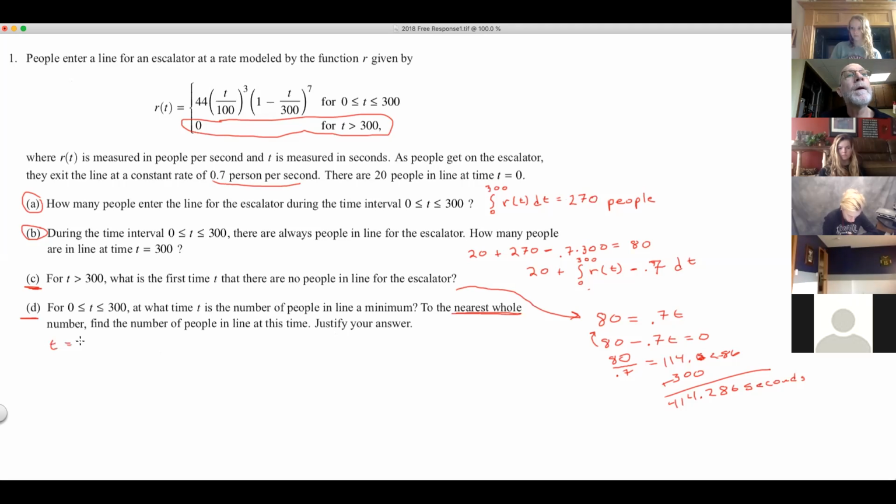At t equals 0, how many people do I have? 20. And at t equals 300, how many people do I have? It is 80, because we figured that out in part B, right?